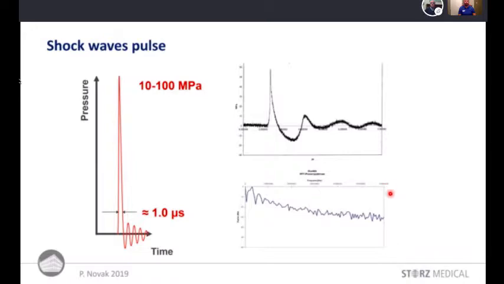So it's a broadband signal compared to ultrasound, where you would have only one single line, only one frequency. And thus the wavelength is relatively short due to the short time, in the range of 1.5 millimeter, resulting in the effect that the shock waves can be focused.